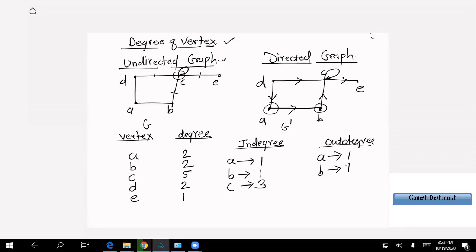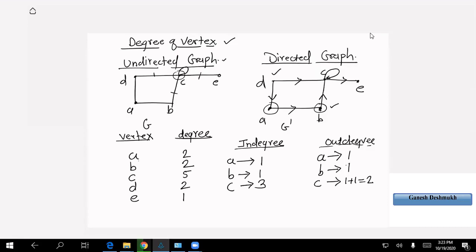How? There is 1 edge coming from vertex D, a second edge coming from vertex B, and the loop at the vertex is counted as 1 edge, and hence in degree of vertex C is 3. Then what is out degree of vertex C? The loop at the vertex is counted as 1 edge, and 1 edge goes out towards vertex E, and hence out degree of vertex C becomes 2.